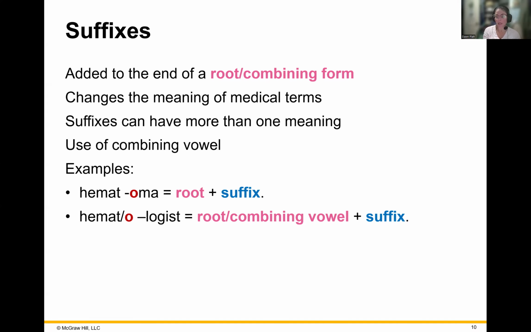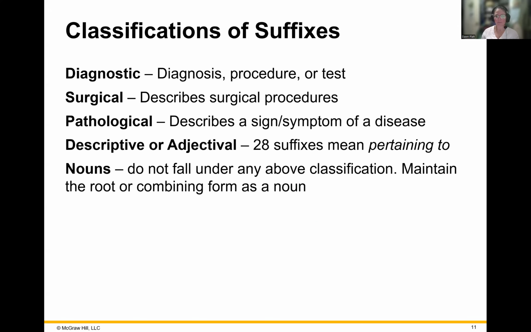Hemato means blood, and logist, as we saw on a previous slide, means one who specializes in the study of. So a hematologist is a specialist in the study of blood. But again, your root word is hemat or hemato. That's the base of the definition of that word. The suffix at the end just provides additional meaning to it.